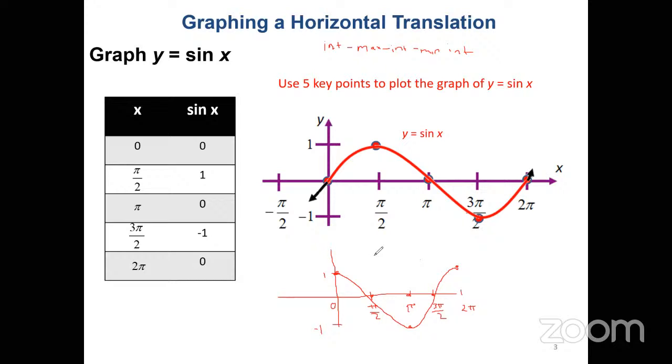Cosine is max, as it goes up to 1, intercept, min, intercept, and then max. That's the pattern that sine and cosine will always follow. And by default, the period is 2 pi, and the amplitude is 1, okay?